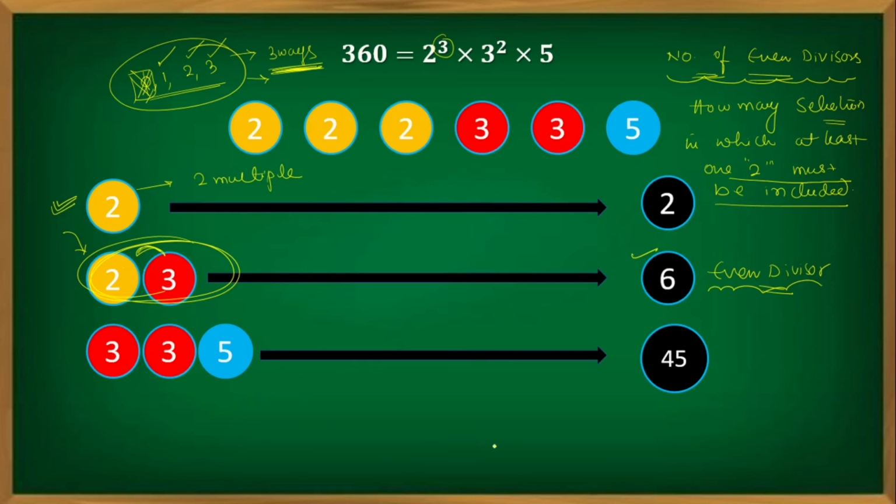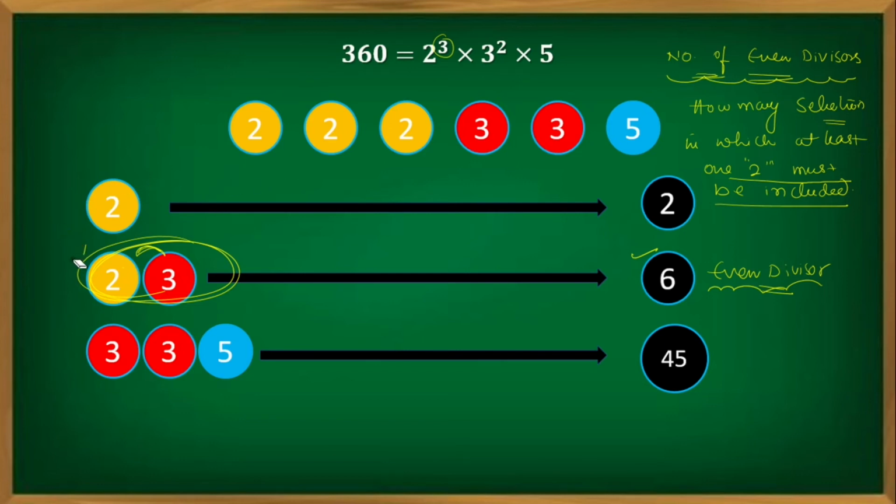Because we are not going to consider 0 yellow balls, we want a minimum of one yellow ball in the combination. At least one yellow ball in the combination means at least one 2 in the combination, so that it will become a multiple of 2, so that it will become an even divisor. I hope you understood this point, right?